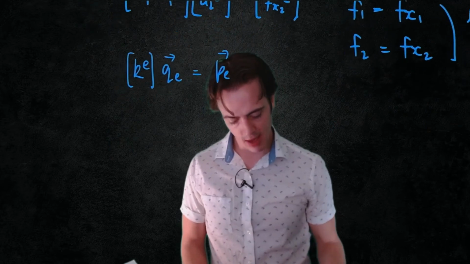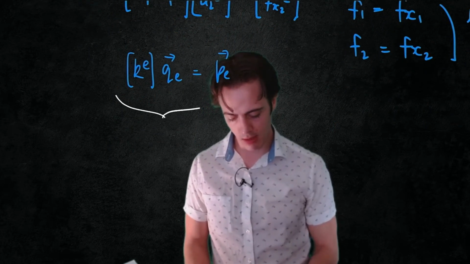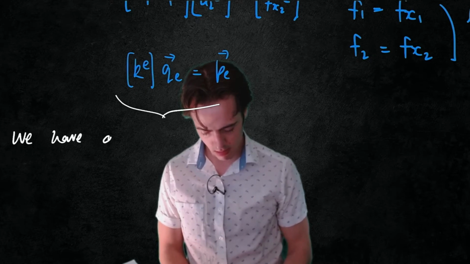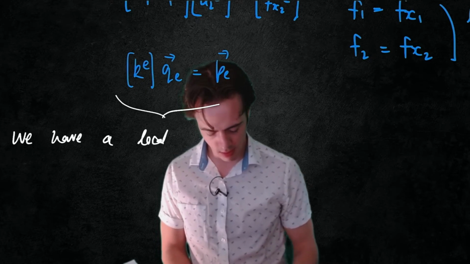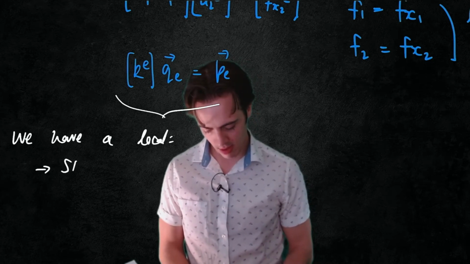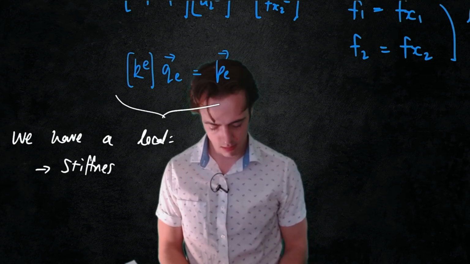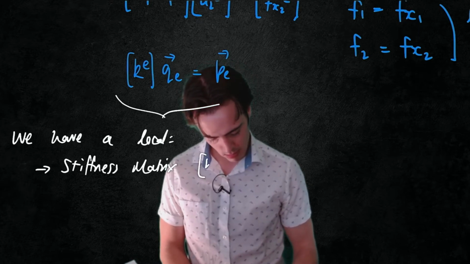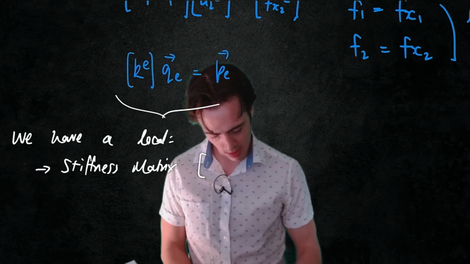We would like to have it in another format, so let's just write down what we have. We have a local stiffness matrix. Nope, that should be a lowercase k.